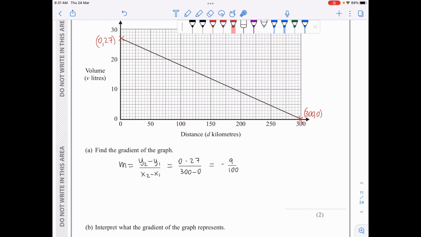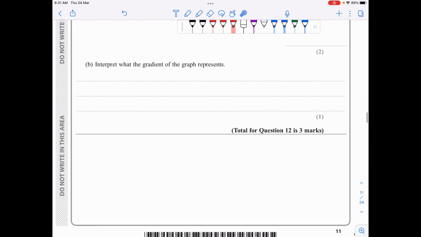Interpret what the gradient of the graph represents. So we've got the volume against the distance. For every 100 that I go to the right, I go 9 down. So this means that for every 100 kilometers covered, the volume of petrol in the tank will drop by 9 liters.